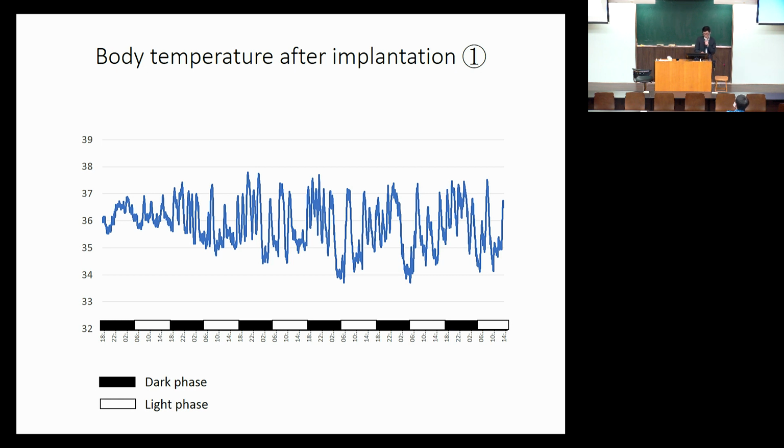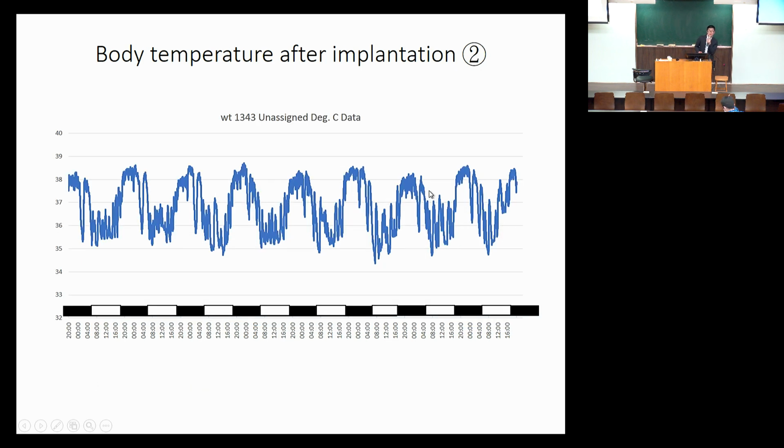The black is the dark phase, white is the light phase. I implanted it here. At first the temperature is very shaggy. Maybe after 1 week they have some balance, and after 2 or 3 weeks you can see the very vivid change of body temperature between light phase and dark phase, as you can see here.